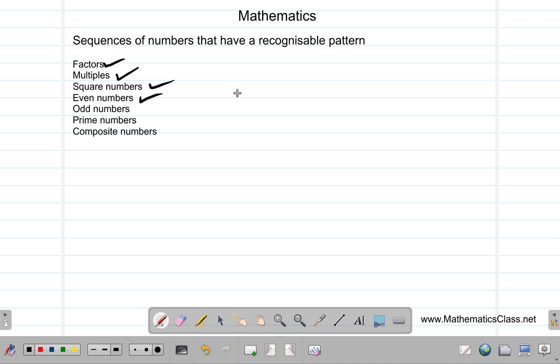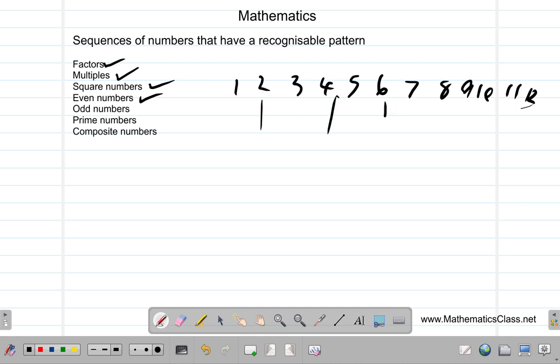If you have the numbers 1, 2, 3, 4, 5, 6, 7, 8, 9, 10, 11, 12, and so on, the 2, 4, 6, 8, 10, 12, those are even numbers. You get an even number when you multiply a whole number by 2. So the even numbers are 2, 4, 6, 8, 10, 12, and so on and so forth.